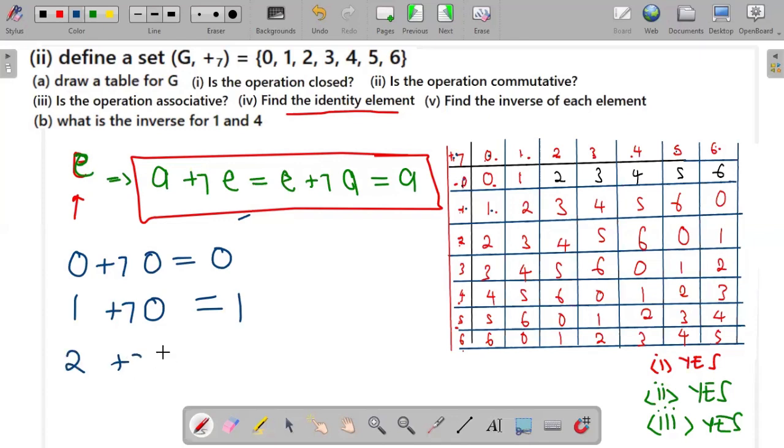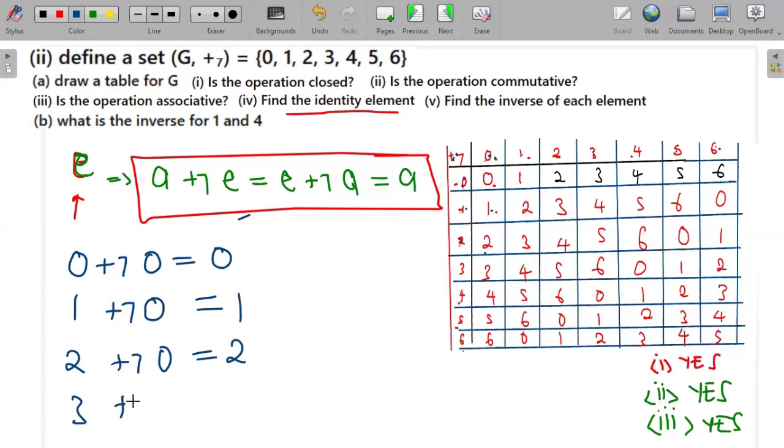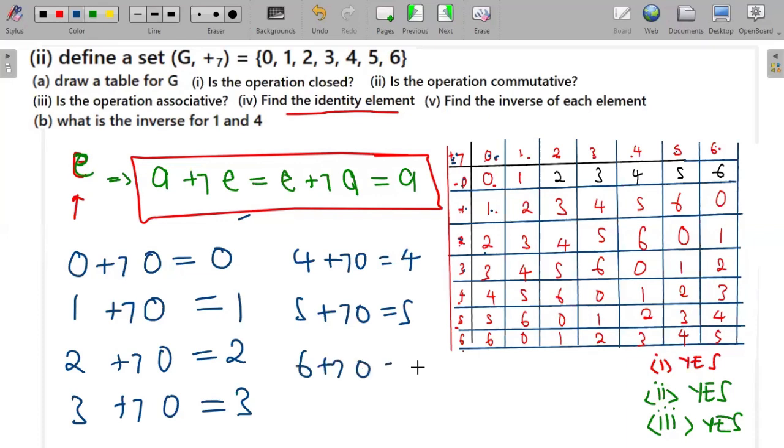2 modulo 7, 0, I get 2. 3 modulo 7, 0, I get 3. You can check. 4 modulo 7, 0, I get 4 as well. 5 modulo 7, 0, I get 5. 6 modulo 7, 0, I get 6.